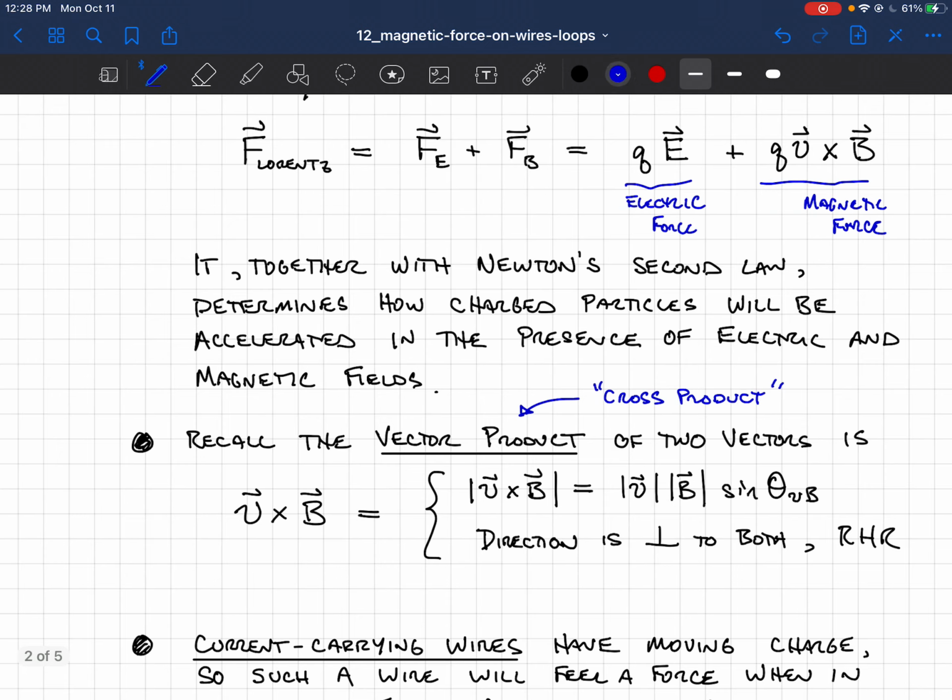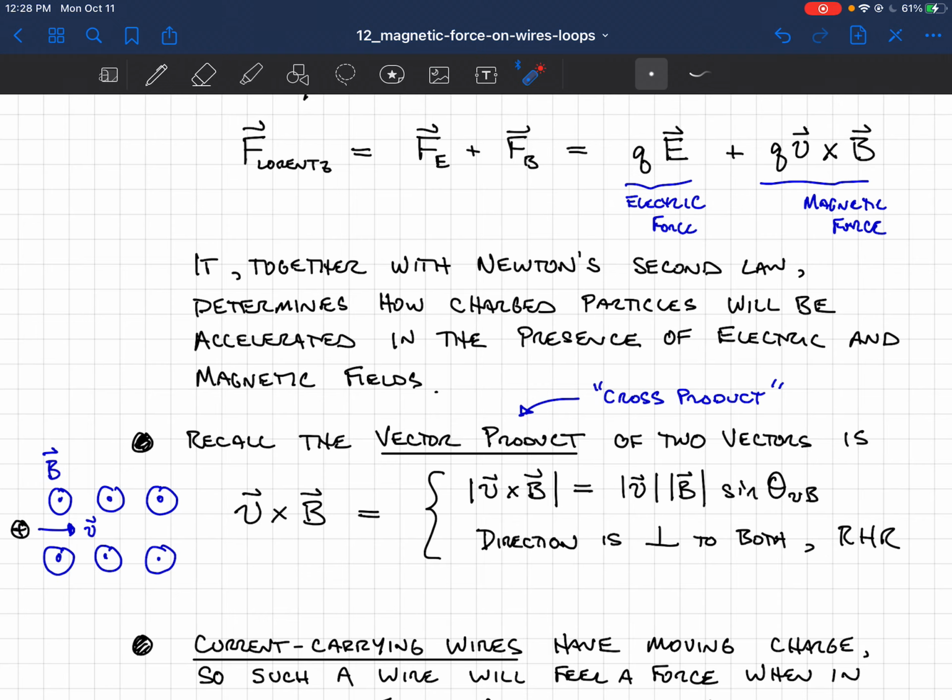So if we have a magnetic field, let's say that it's out of the page. Remember, we represent an out-of-the-page vector field with little rocket heads pointing towards us. And then we have a charge which is moving with some velocity to the right, maybe. So the velocity vector points like this. So we have a magnetic field out of the page and a velocity vector to the right. Well, you tell me the direction. It's going to be perpendicular to both, so that means that we form a plane by the vector that's coming out of the page and the vector that's going across the page.